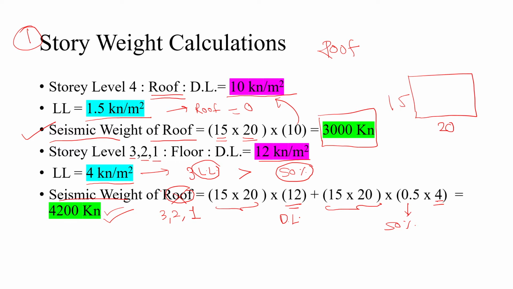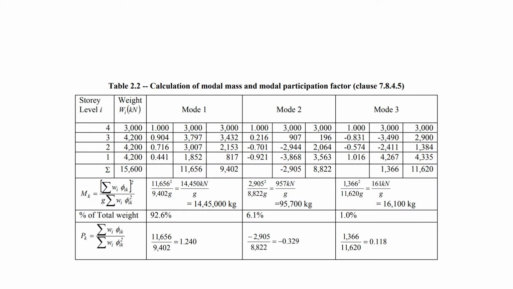Okay, now this is a very important table, so pay attention. Let's see one by one. First is story level. As you know, in our plan there are 4 stories: 4, 3, 2, 1.